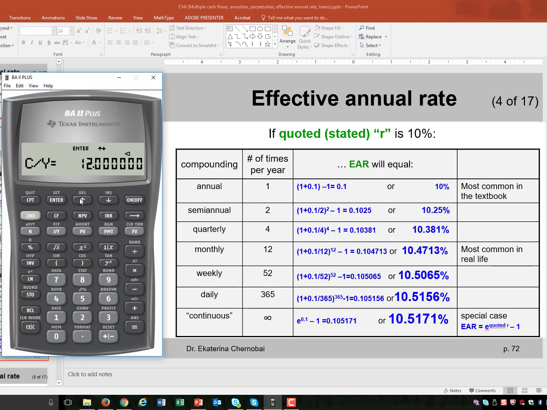Then again, either up or down arrow key. Stop when you see EFF, effective. All you need to do now is press compute. 10.471307. In my table, I rounded it to 4 decimal places for the monthly compounding, so it only shows 10.4713, but it's basically the same thing.